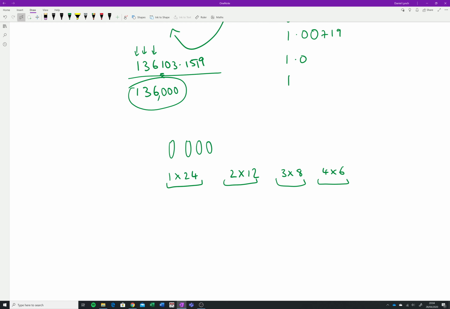Obviously they're all 24, but you might want a more square shape, rather than just one ridiculously long box. So I would think that 4 by 6 might be a nice way to do it, because that is a little bit more boxy. So that seems like a reasonable way to proceed.